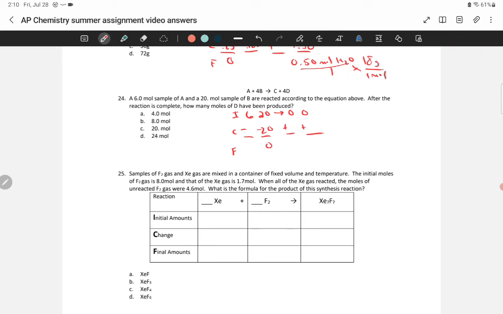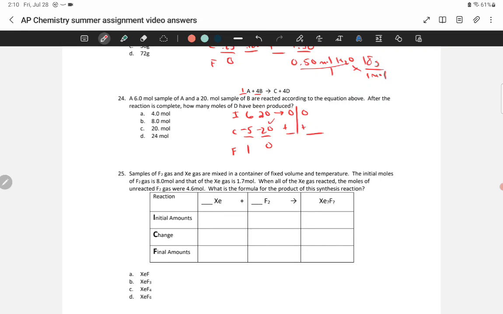20 minus 20 is 0. One of these two reactants has to come out to be 0. So I think it's the B. It's this one that's going to be the limit reactant. Okay, now it's a 4 to 1 ratio. So if I put 20 in for B, I have to put 1/4 of that for A. And 1/4 of 20 is 5. 6 minus 5 is 1.